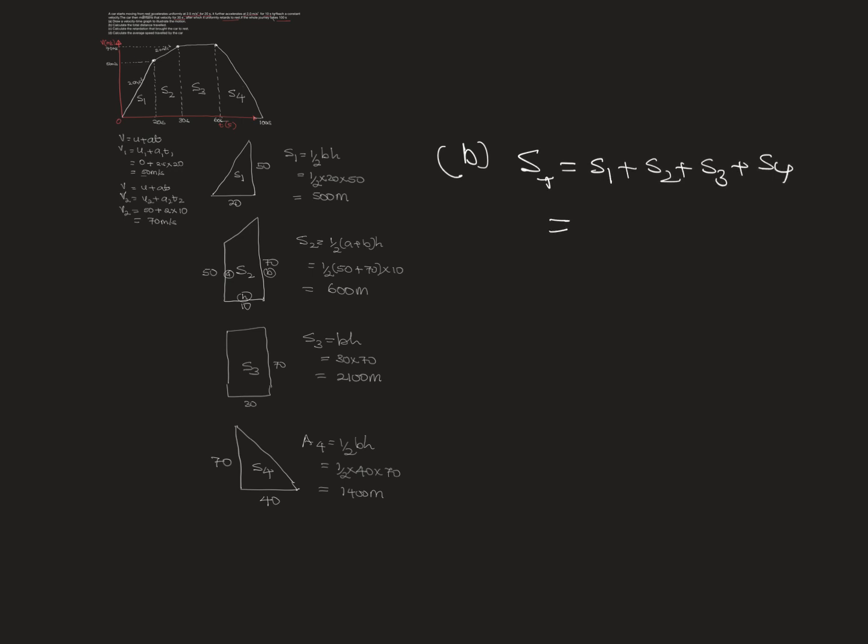S1 is 500, S2 is 600, S3 is 2,100, S4 is 1,400. So what will be the total for that? That will be 4,600 meters.